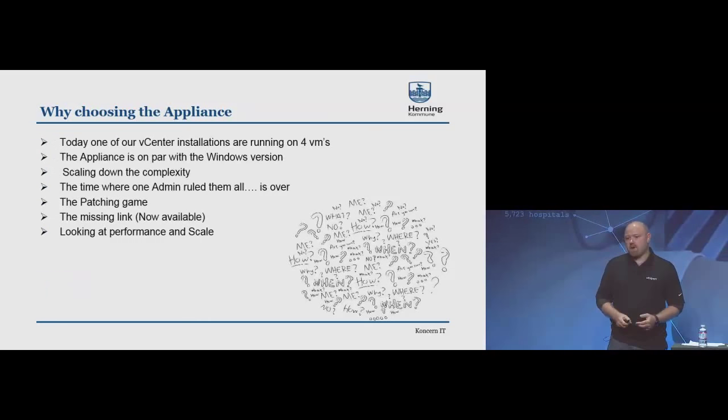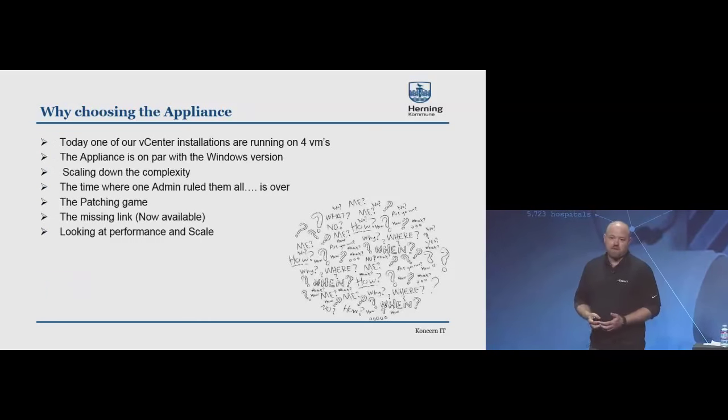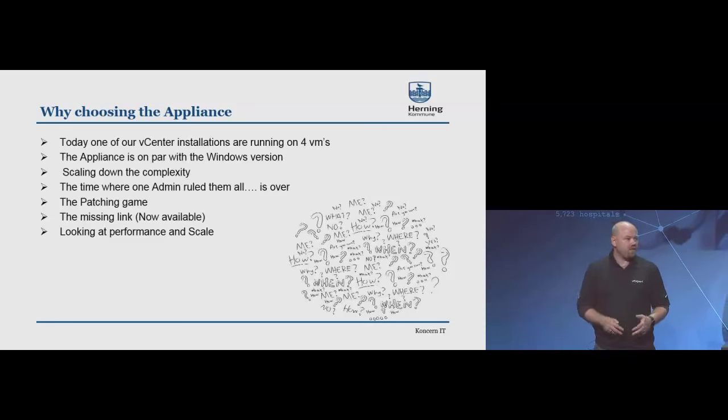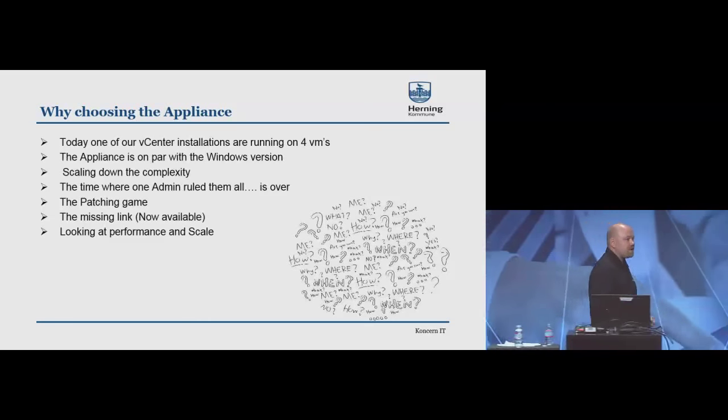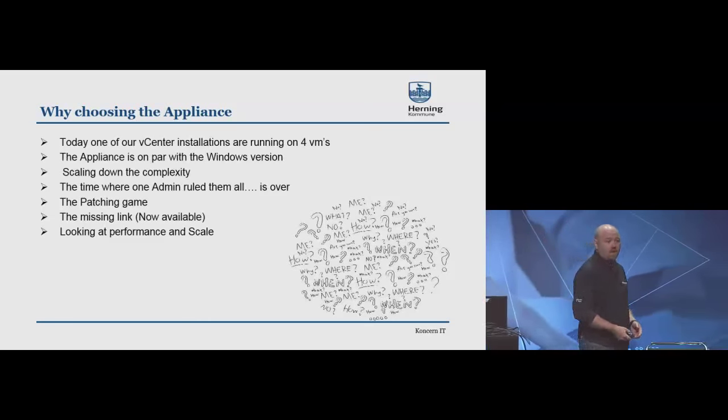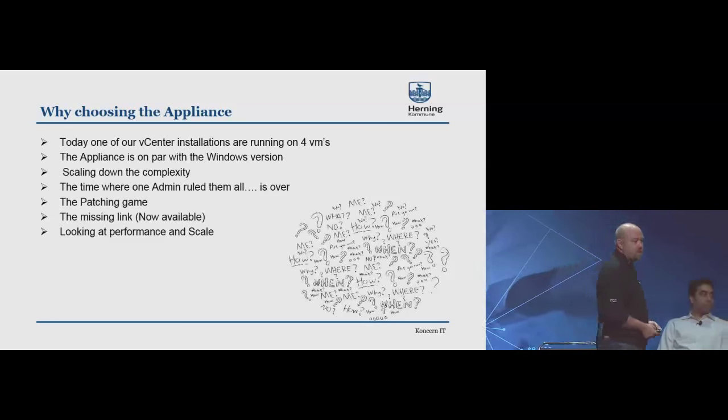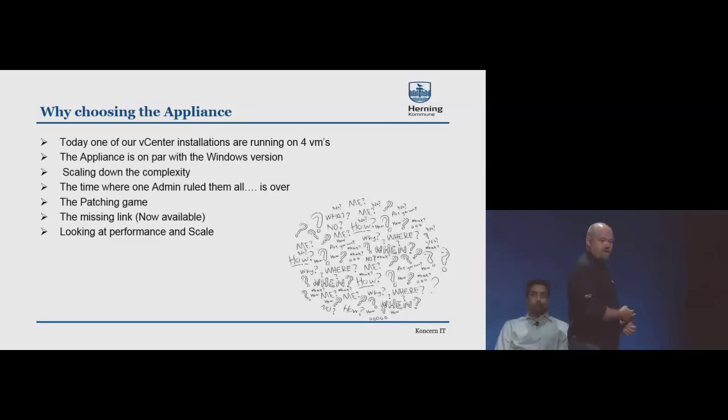A couple of years ago, I started looking into the appliance, and I could see some benefits. If I look at how my vSphere environment looks today, I'm using 4 VMs for running a single vCenter. I have a VM with the vCenter, a VM with the database, a VM with the single sign-on, and a VM for Update Manager.